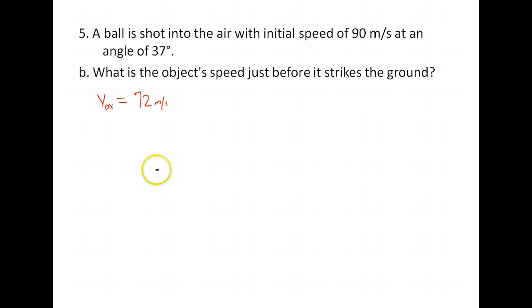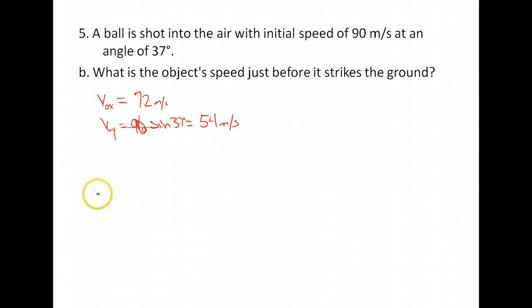Now, we could go find the velocity in the vertical direction using the sine of the angle, and doing that, we figure out that, and this was 90, the initial velocity is 90, it's 9 times 37, gives us 54 meters per second.